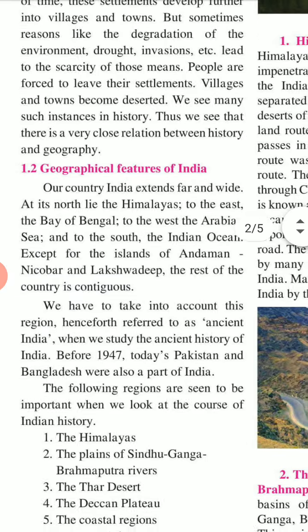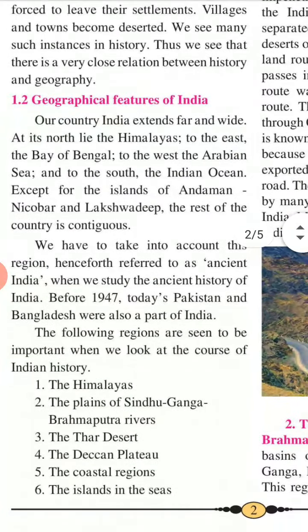Let's move to 1.2, Geographical Features of India. Our country, India, extends far and wide. At its north lie the Himalayas, to the east the Bay of Bengal, to the west the Arabian Sea, and to the south the Indian Ocean.